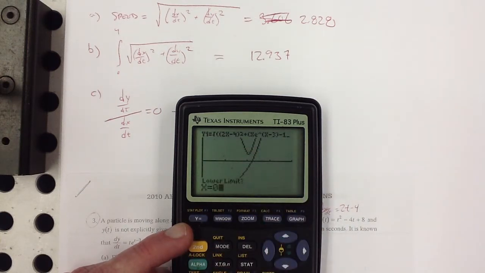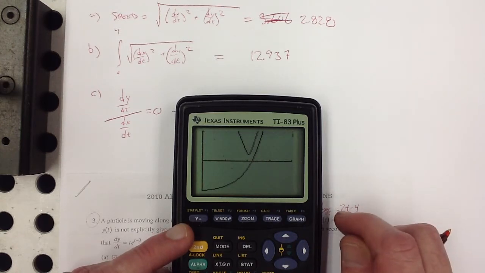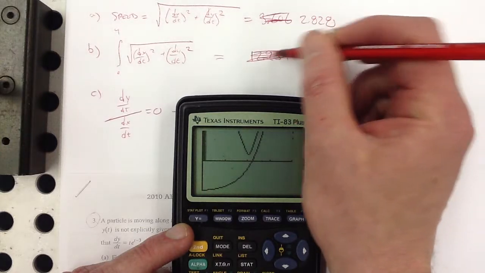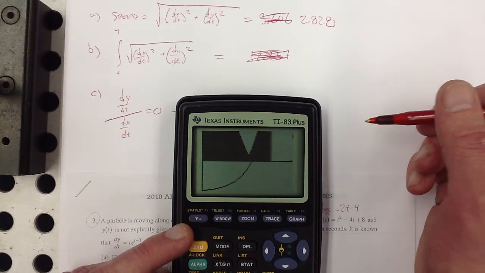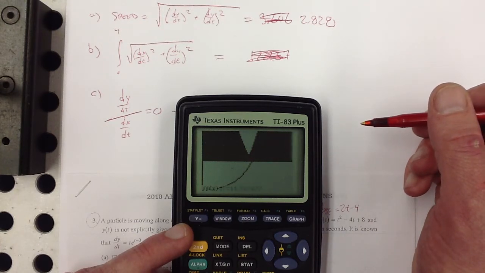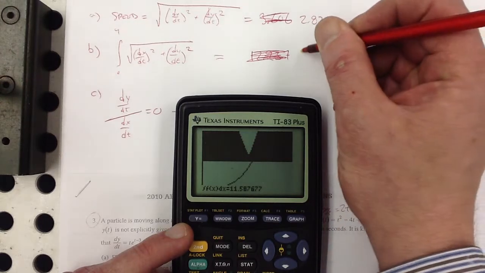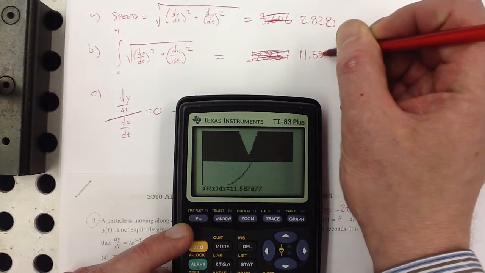So from 0 to 4. So that's not going to be right there. So that should be 11.588.